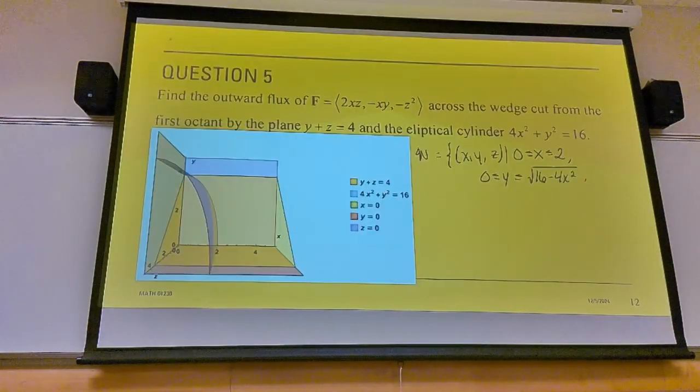What's the divergence? Minus X. Yep, just negative X.